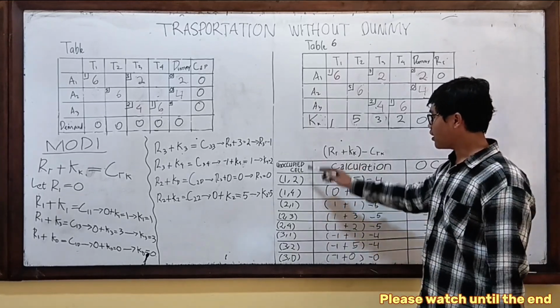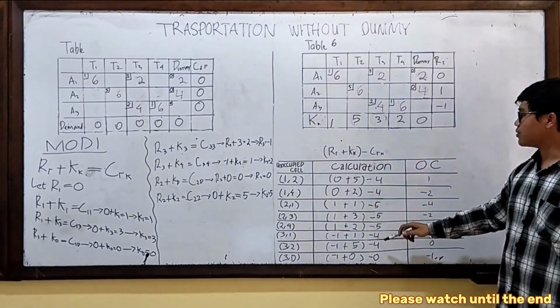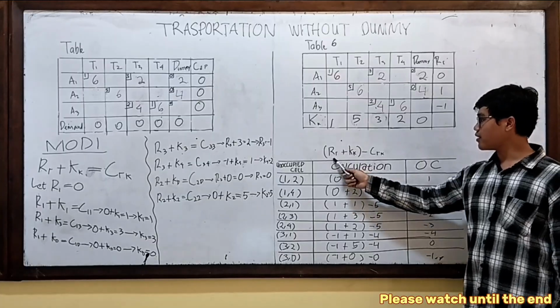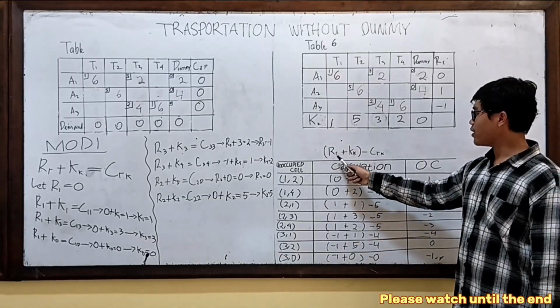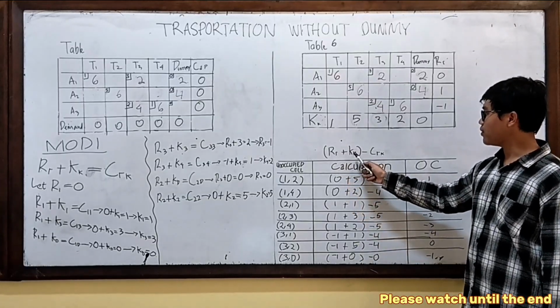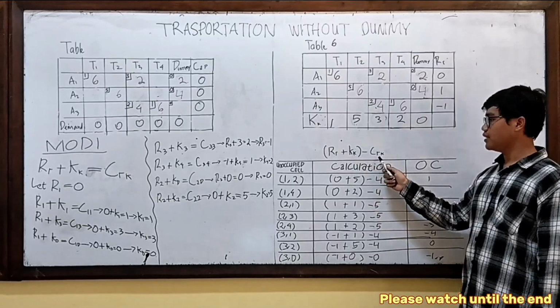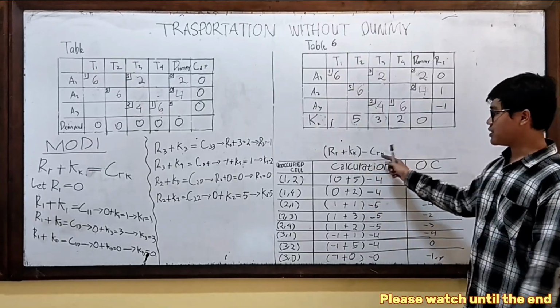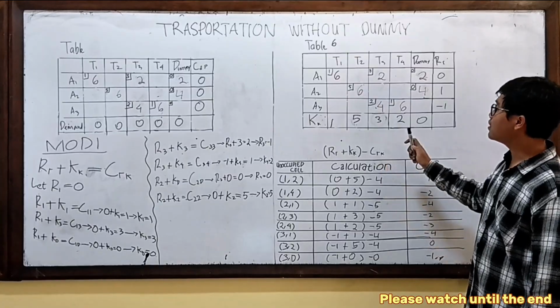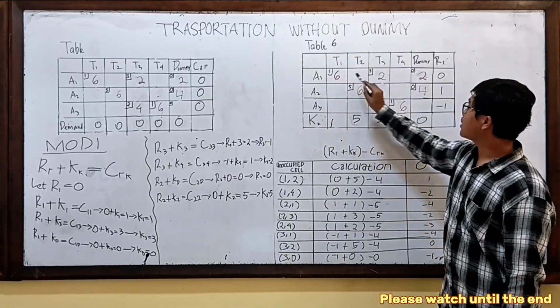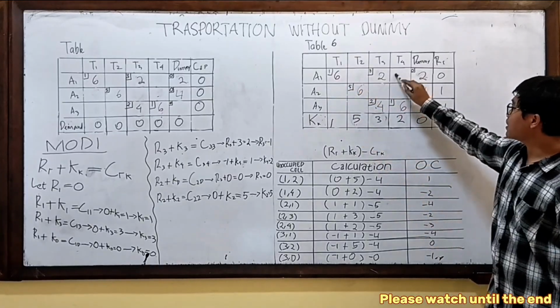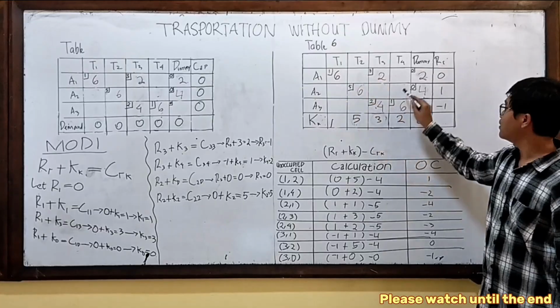Here are the unoccupied cells. The calculation uses this formula: the value of row R plus the value of column K minus the cost of the unoccupied cell RK, like A1 to 4, which is an unoccupied cell.